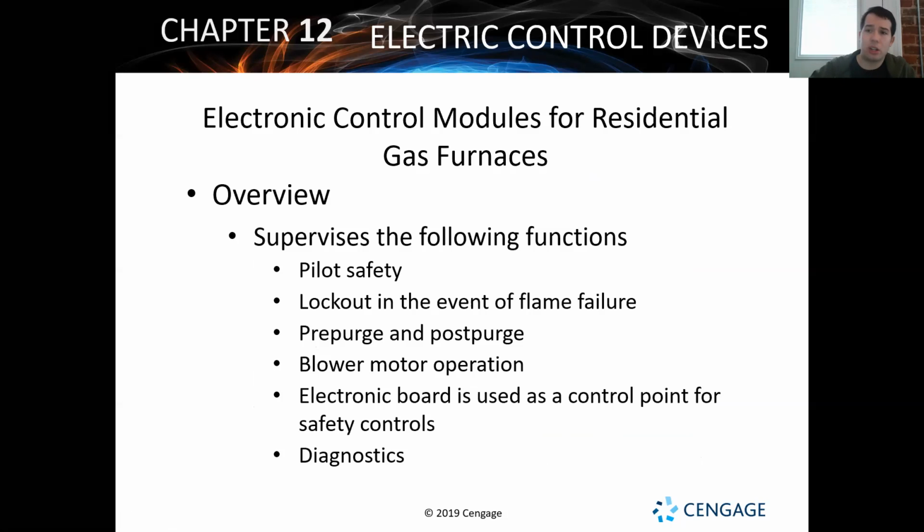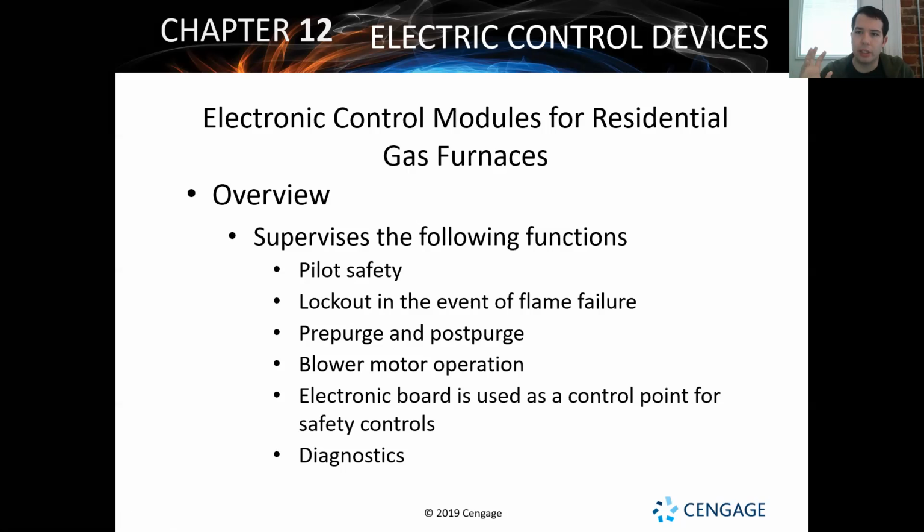The big thing it's going to control is what we'll learn about called the order of operations, which includes making sure that a pilot's lit safely, pre-purge and post-purge, blower motor operation, electronic control board, safeties, and diagnostic codes, like I was saying before with the LEDs. That's usually on these IFC boards, or electronic control modules. IFC stands for integrated furnace control.